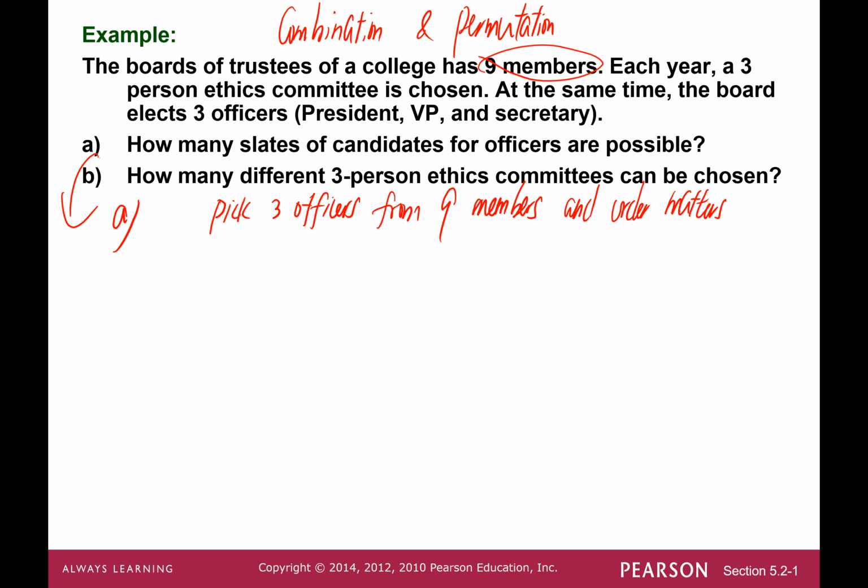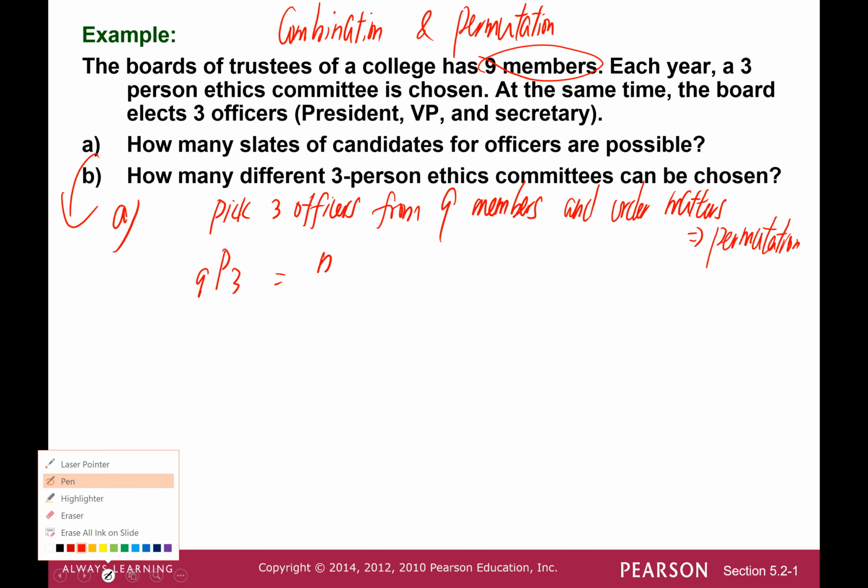So we know this is definitely a permutation. We do 9P3. The permutation formula is n factorial over n minus r factorial.